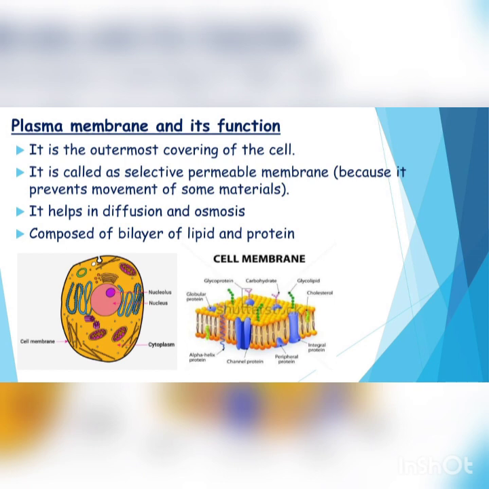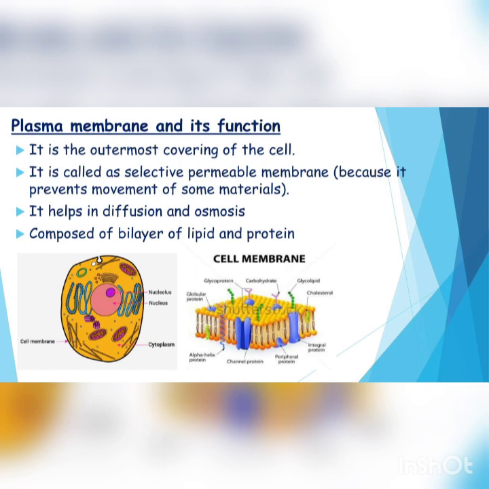It provides protection against microbes and foreign substances. It gets modified to perform different functions, for example, microvilli in the intestine of human beings for absorption. Its semi-permeability enables the cell to maintain cellular homeostasis.